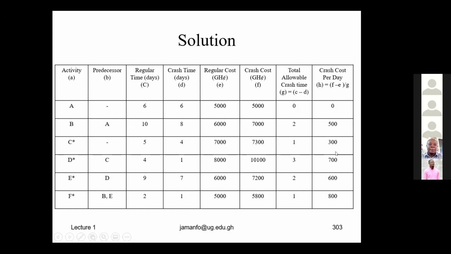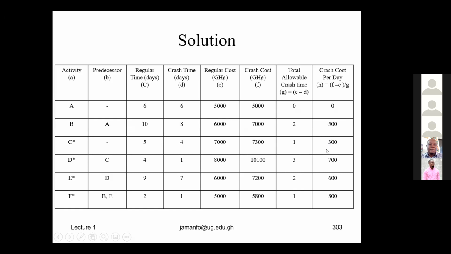So if we are crashing, we'll crash 300, then we'll graduate through the cost. So come to 600. If we still haven't achieved our desired number of days, then we'll go to 700 before we go to 800. We are not touching 500 because 500 is not a critical activity.